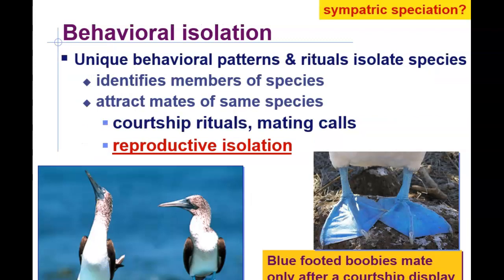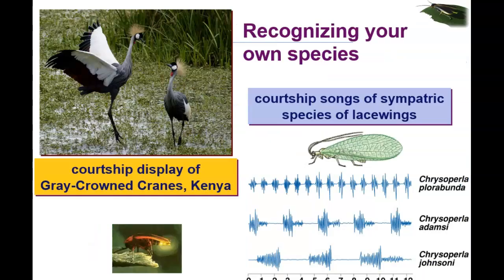Another type of prezygotic reproductive isolation or reproductive barrier is this behavioral isolation. For example, courtship displays. The blue-footed boobies mate only after a specific type of courtship display, and so if two populations use different dances or different courtship displays, they will not reproduce, and the reproductive barrier is thus a behavioral barrier.